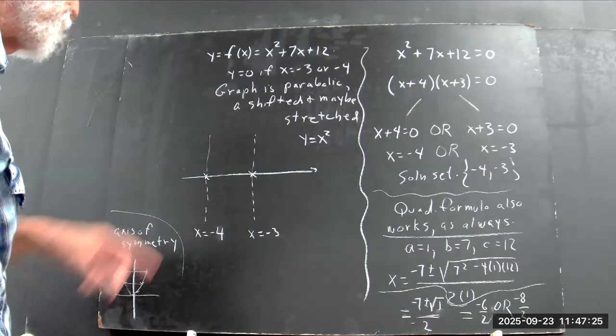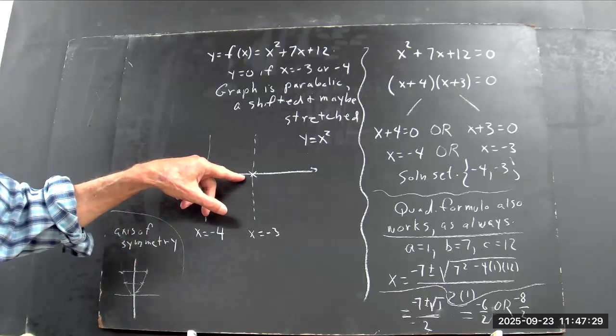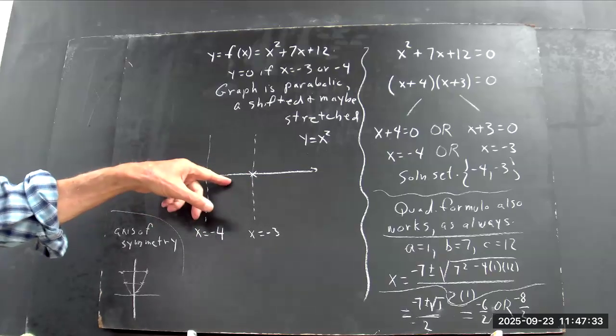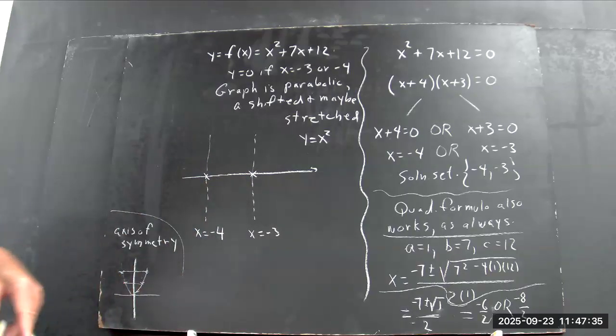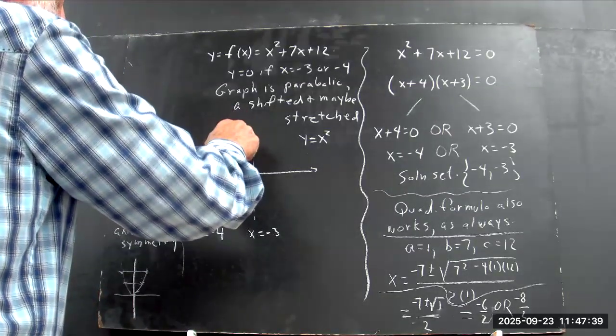So here's a point on a parabola, and here's a point on a parabola. Where's the axis of symmetry? It has to be halfway between. Okay? Axis of symmetry.